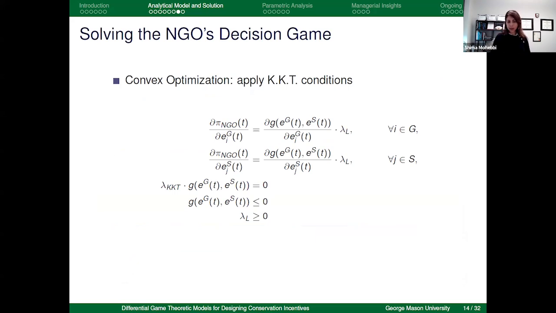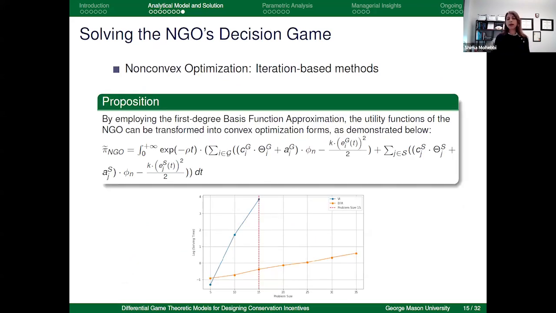But for the non-convex case, we need to apply iterative methods such as value iteration for approximate dynamic programming to find near optimal decisions. These methods have convergence limitations when applied to larger scale problems.